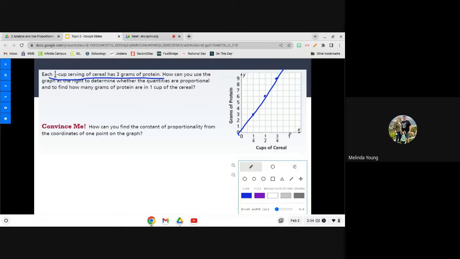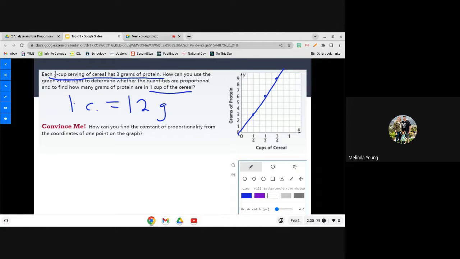If I were at 1, we want to know how much would be at 1 cup of cereal. Add an additional 3 onto here. If I were to keep going on my line and up here, I could see that adding another 3 would get me to 12. So 1 cup of cereal would equal 12 grams.